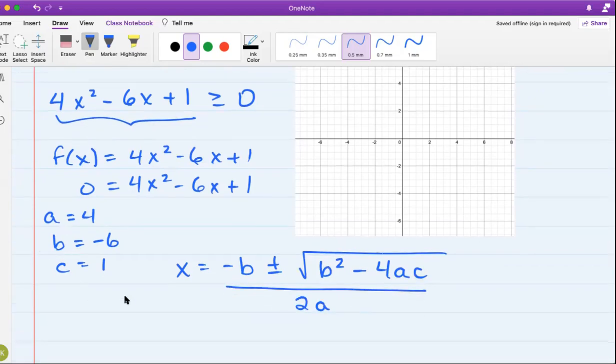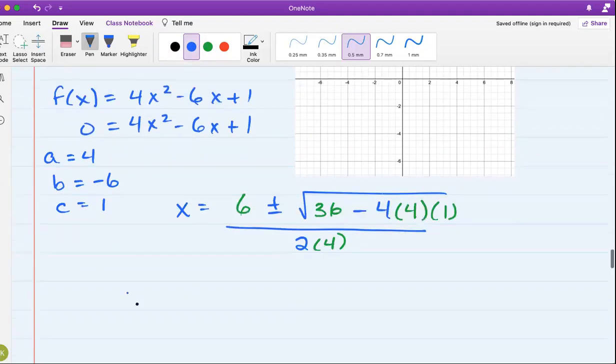So I'm going to plug in these pieces into this quadratic formula. The first piece is the -b, which would make this a +6. And then the second piece is b squared, which would be 36. The third piece is to do -4 times a times c. So that's times 4 times 1. And then 2 times a, so we put an 8 on the bottom.